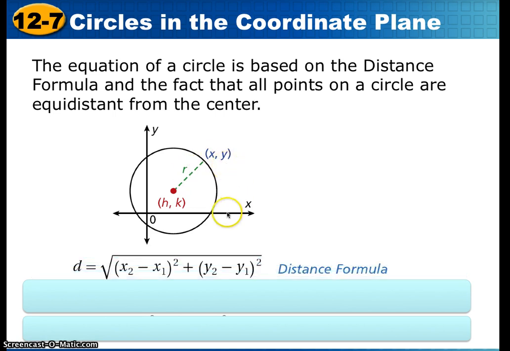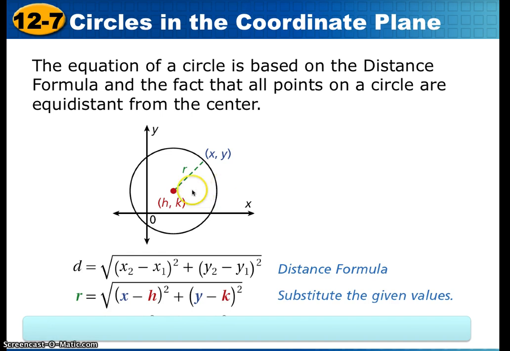So we're going to take our distance formula and plug in H, K. We're going to let H, K be my X1, Y1, and my point on the circle, X, Y, be X2, Y2. Go ahead and substitute those values, and it will give us the distance, R, the radius, the distance between the 2 points.